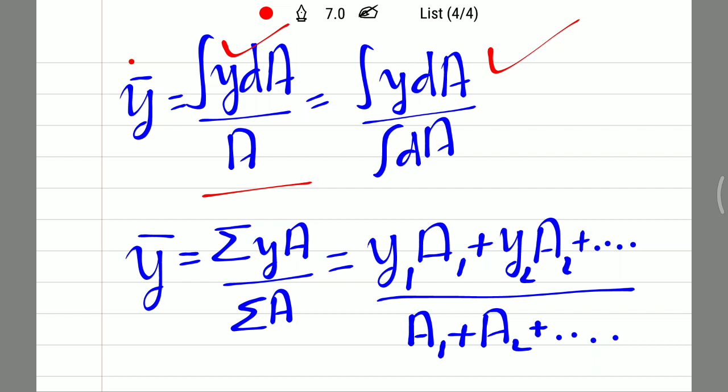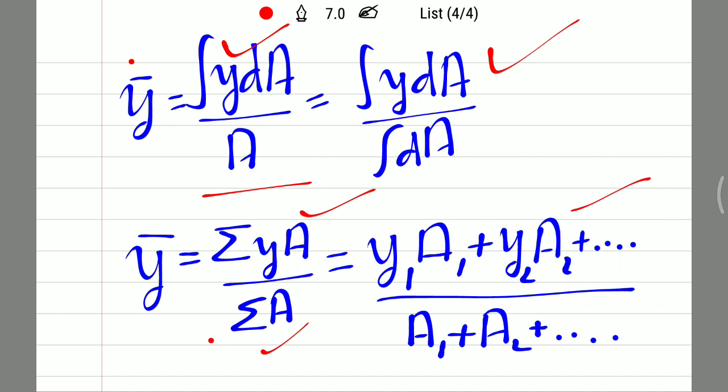So in order to avoid confusion, I'm saying this. And in some textbooks, if we are considering discrete areas that can be measured, which in our case was not possible, and if we have the first area value and the distance of that area from the x-axis, then we can use summation of y dA by sigma A, that is equal to y1 a1 plus y2 a2 plus y3 a3 plus etc., by a1 plus a2 plus a3 plus etc. So this is also one representation.